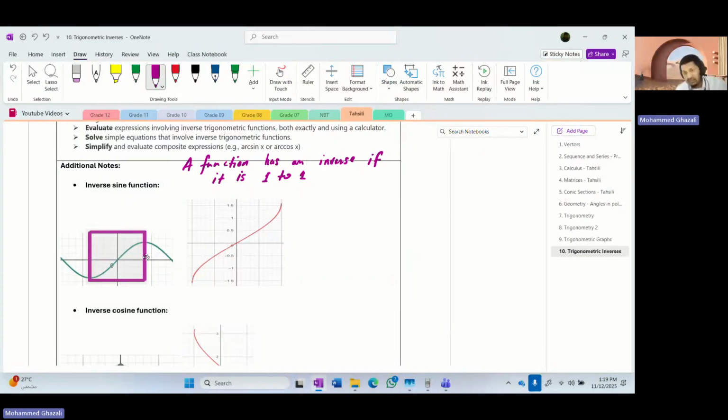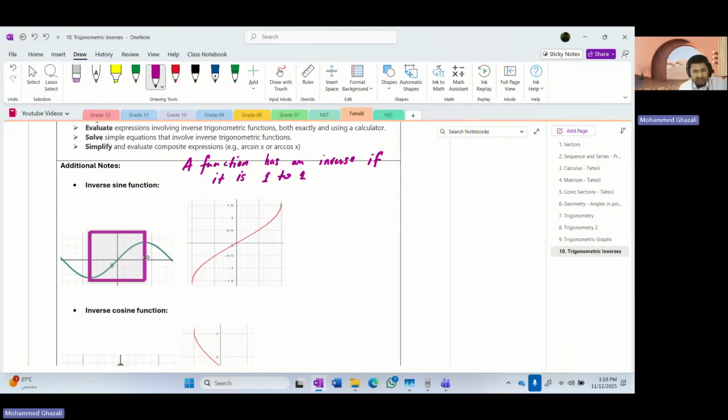And the last one is pi by 2 and 1. The points on the inverse function will be negative 1 and negative pi by 2. Basically, you need to switch the x and the y. Then 0, 0, and the last point will be 1 and pi by 2.